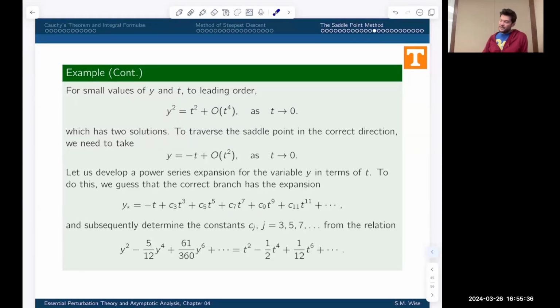Now, I know that this y function, or at least it looks like it should be, should be an odd function in terms of t. So I'm also positing that that's true. However, I think I can prove it's true without too much trouble.